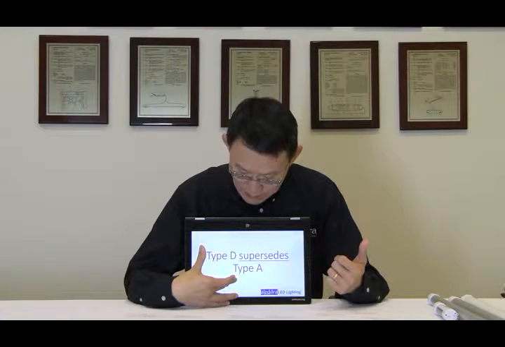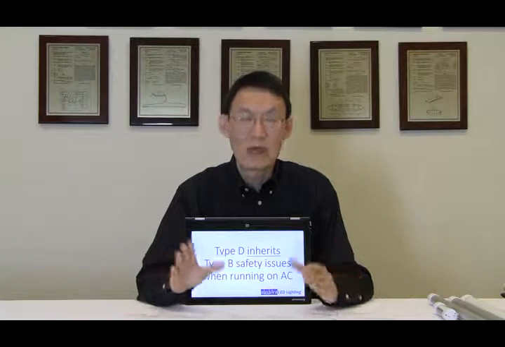What about Type B? Remember, when the Type D tube operates on line voltage, it is essentially a Type B tube, which means it inherits all the issues and benefits, of course, of Type B tube. What are the issues?